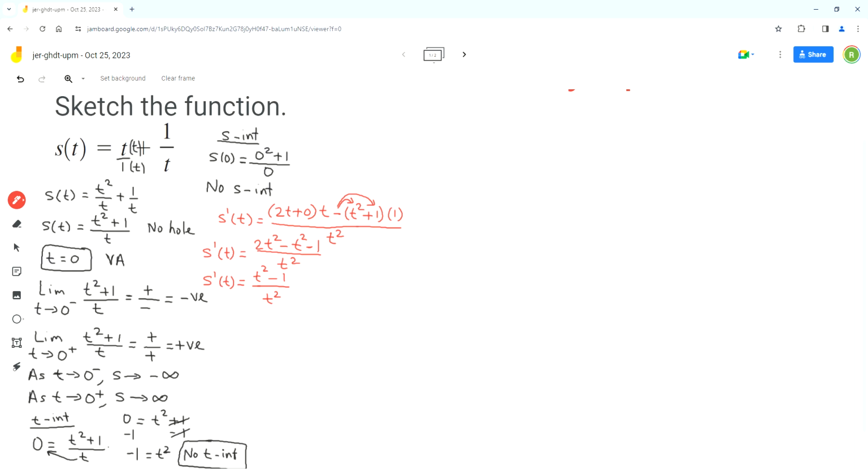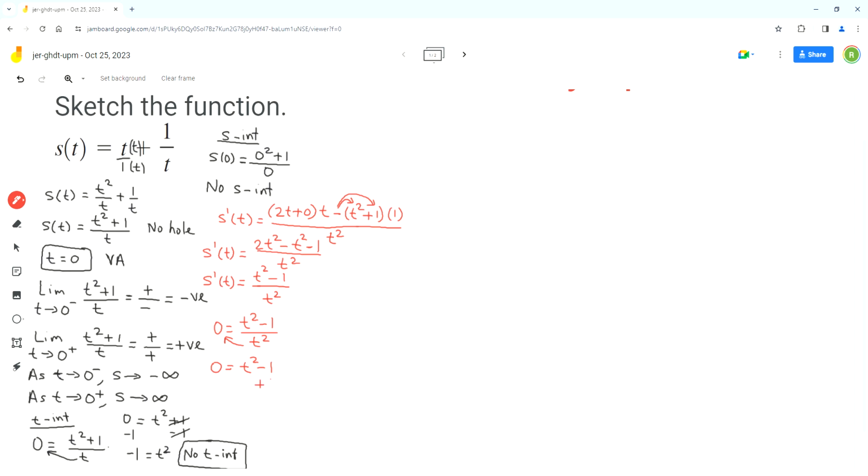Now critical points are points where the derivative of the function is equal to 0 or undefined. So let's start by setting the derivative equal to 0. And now we can cross multiply the denominator. So we get 0 equals t squared minus 1.